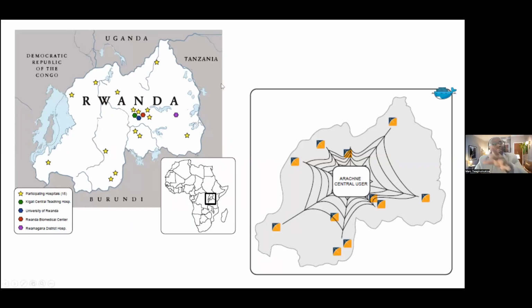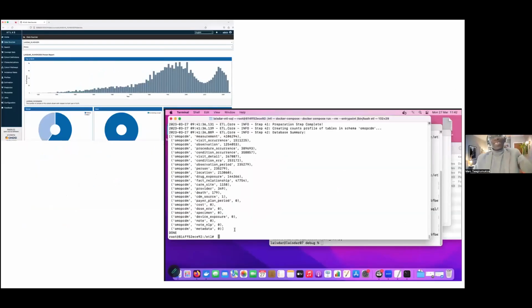You see Rwanda and the center of Africa, and the yellow dots are hospitals which are already connected, so we can already have the data of those hospitals. And this is just one screenshot. On the top, you see what the hospital is seeing.